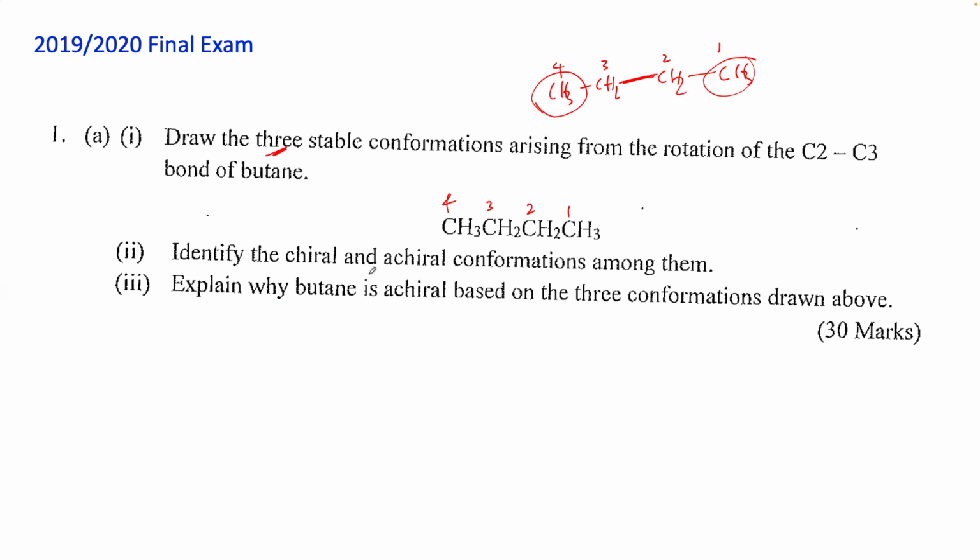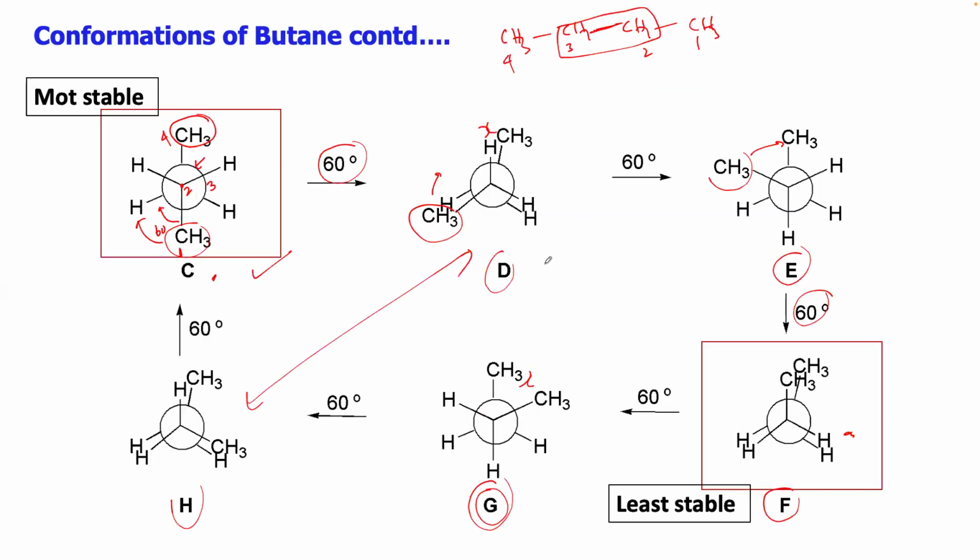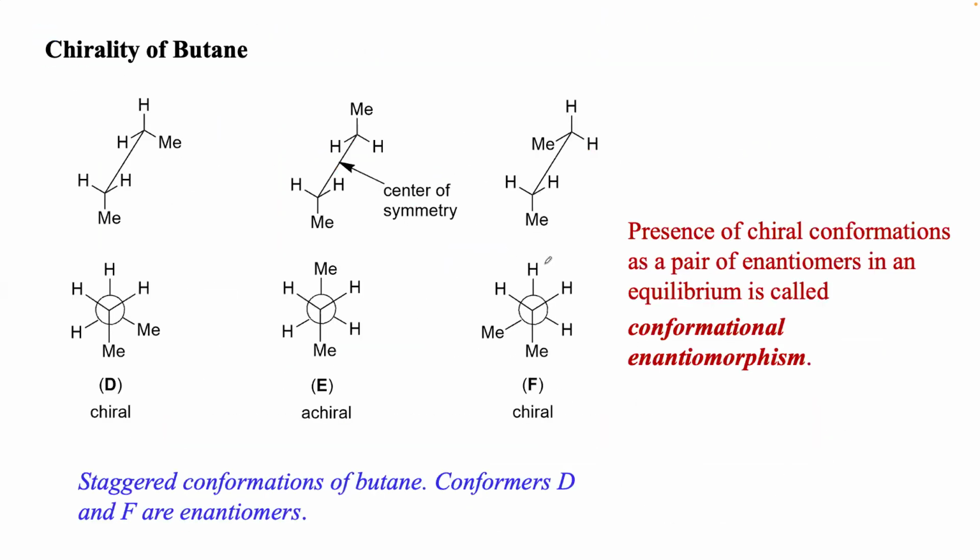Then they're asking, identify the chiral and achiral conformations among them. So we learned that for these alkanes, because of the rotation, you could have chiral conformations due to the presence or absence of a center of symmetry. We know that the most stable conformation E is highly symmetric and it has a center of symmetry.